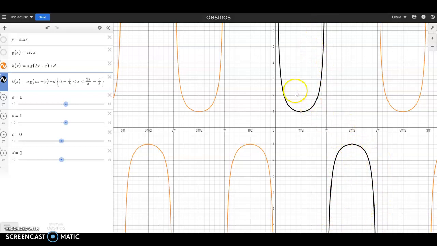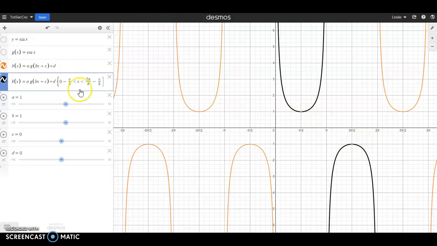It takes both of these to make up a full cycle. If I just take a look at the upward facing loop here, then I'm not capturing all of the behavior that I get for cosecant before it starts over again. So I need both of these loops. Again, this comes from sine, and sine has a period of 2 pi, so cosecant must also have a period of 2 pi.